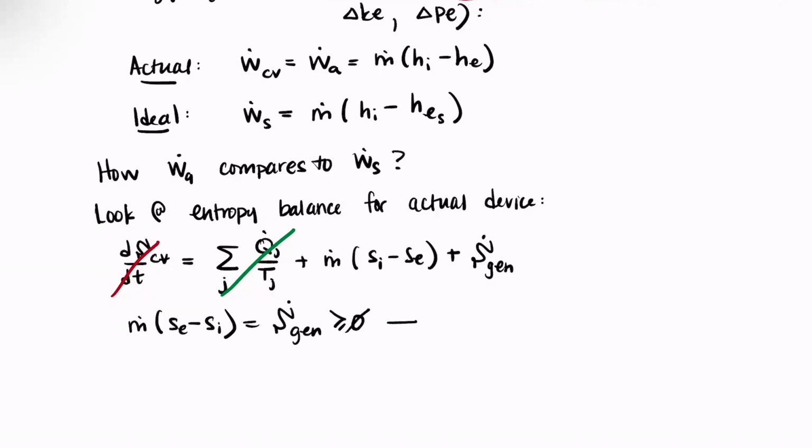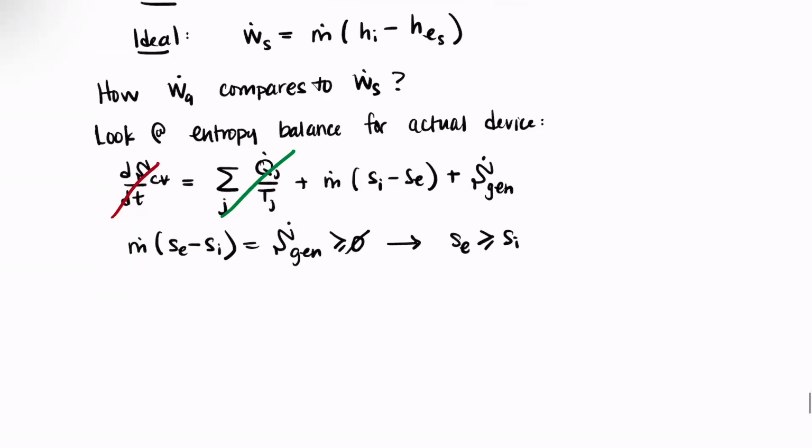So this implies that we must have a circumstance where Se is greater than or equal to Si. They would only be equivalent if it was reversible and S dot gen was 0, right? Okay, so this tells us that the entropy of the fluid increases as it goes through the turbine.